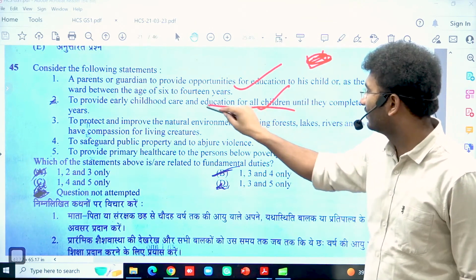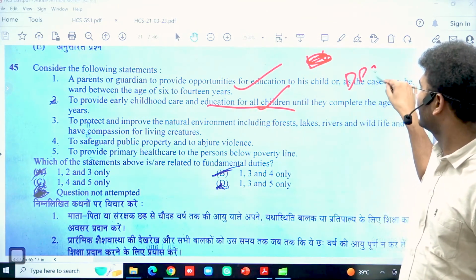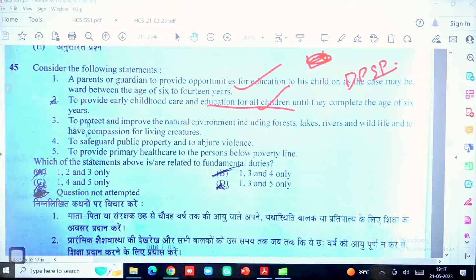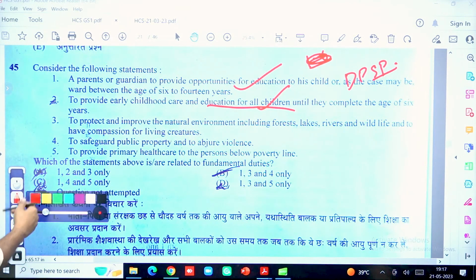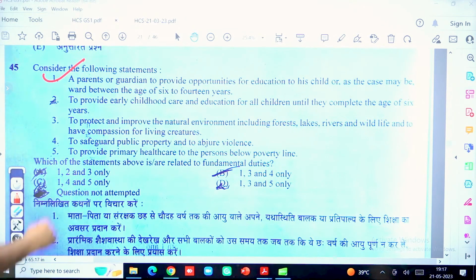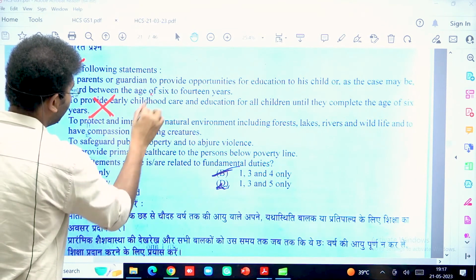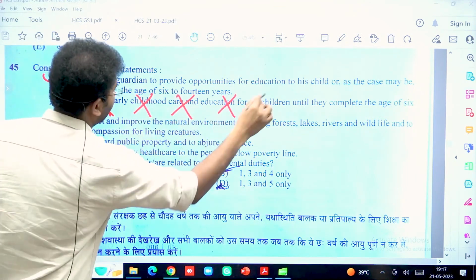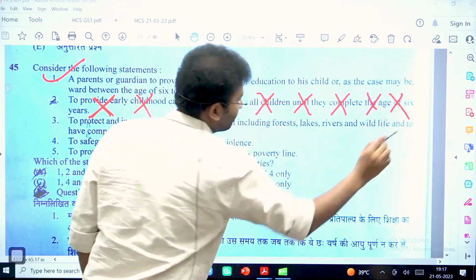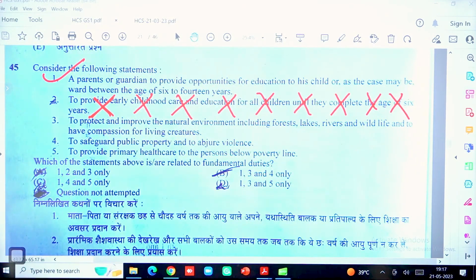It is part of the DPSP also. Now, let me relook into this question. Statement 1 is right and statement 2 is wrong. It is not a fundamental duty. Sorry for the mispronunciation.